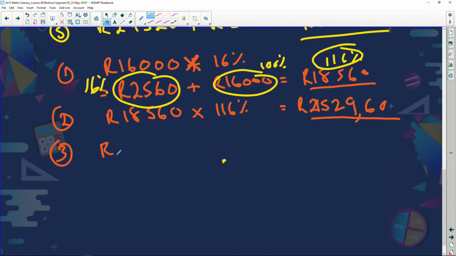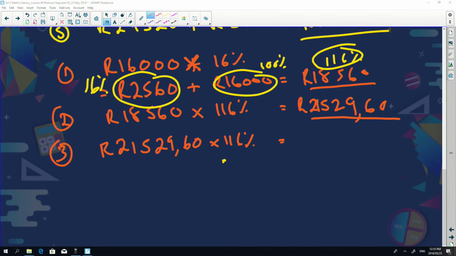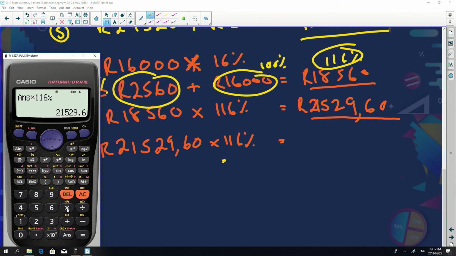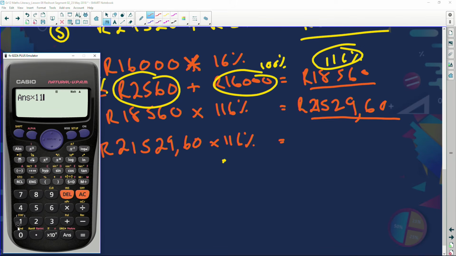Let's have a look quickly at year 3 and see what happens there. So in year 3 now, we have this amount of 21,529 Rand and 60 cents. We're going to multiply it by 116%. Let's do that quickly. Times 116%, and we get an answer of 24,974.